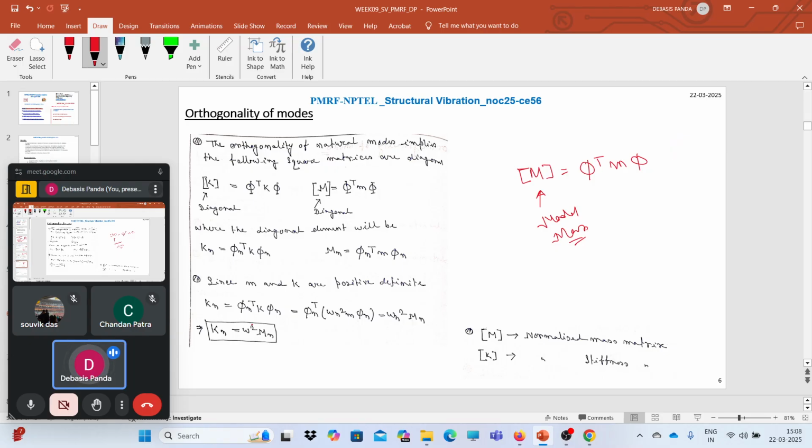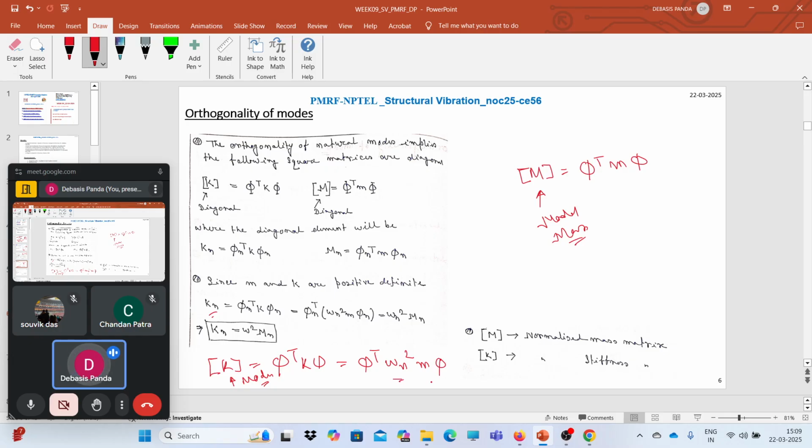And again, if I want to normalize k with modes, the modal stiffness matrix or normalized stiffness matrix will be phi transpose k phi, and ultimately k, phi transpose k, is equal to omega n square m, or m omega n square, and your phi.